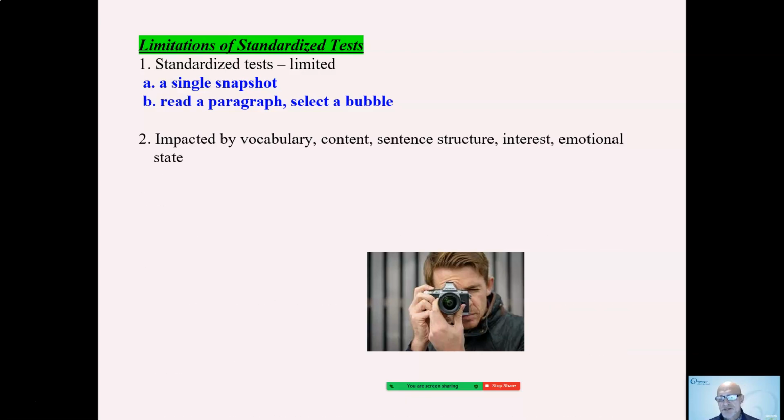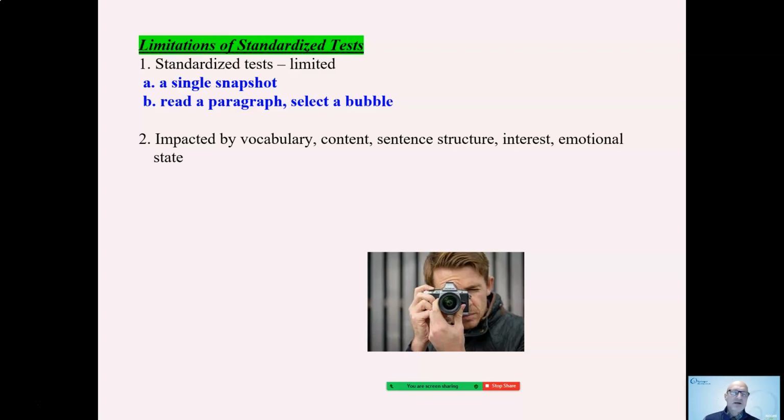Good assessment, by the way, is like taking soil samples. To get a sense of what kind of soil you have, you don't dig up the whole lawn, you take little soil samples at different places. In the same way, good assessment takes little bits of assessment over time. Performance on a standardized test is impacted by many things.